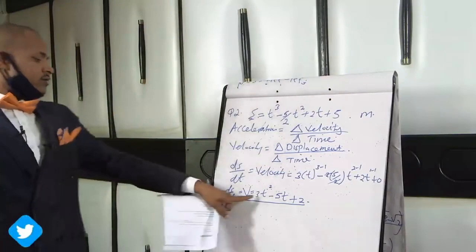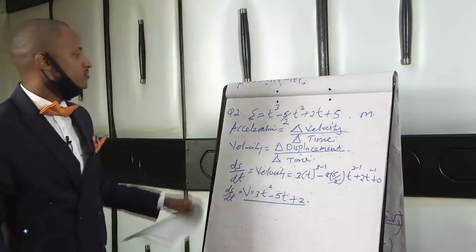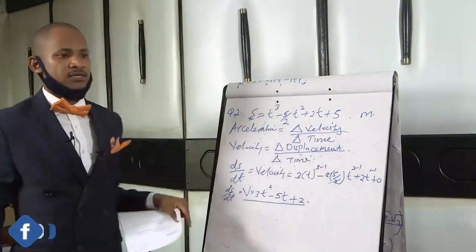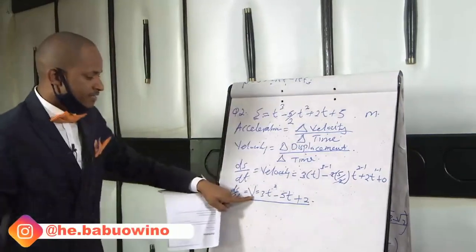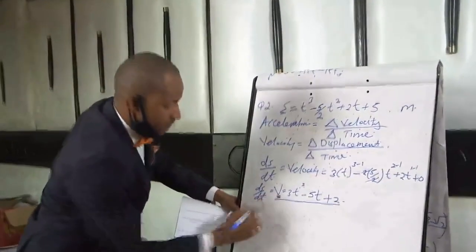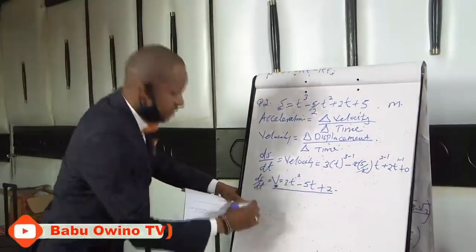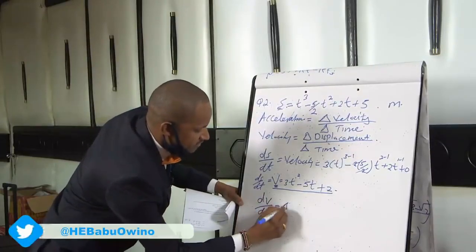Now, we know our velocity is 3t squared minus 5t plus 2. We want to find the acceleration, and we said acceleration is change in velocity divided by change in time. Therefore, we further differentiate the velocity, which gives us dv/dt, the acceleration.